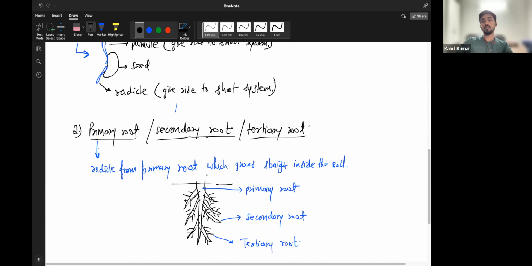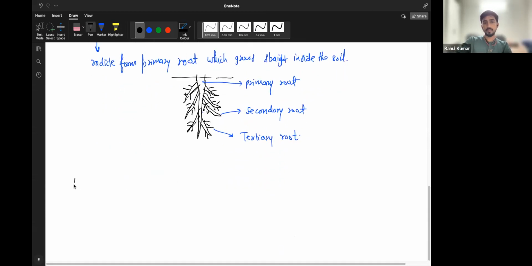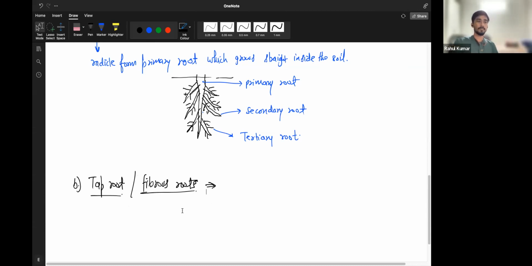Now what are taproot, fibrous roots, and adventitious roots? Let's come to the second part of the morphology: taproot and fibrous root. Do you know anything about it?